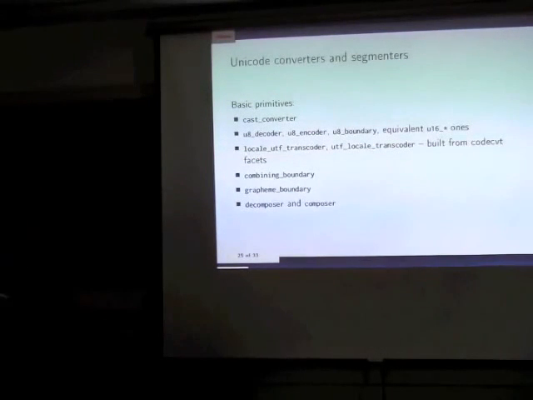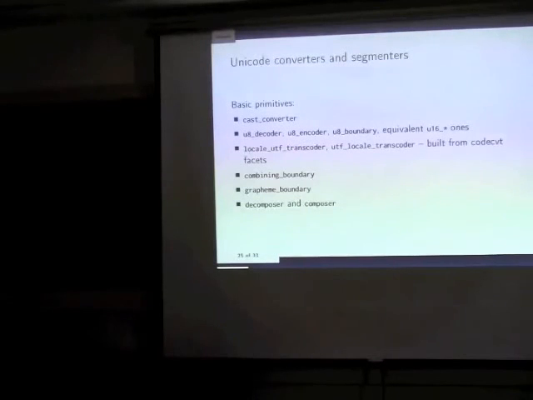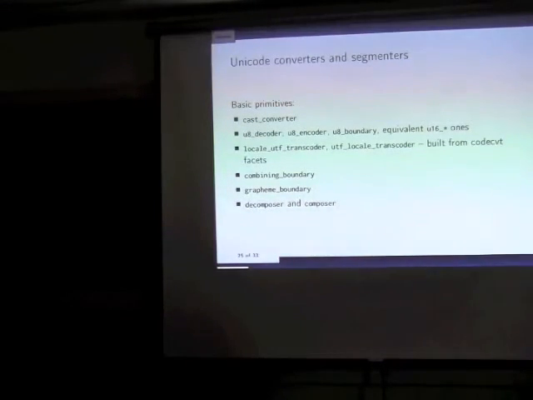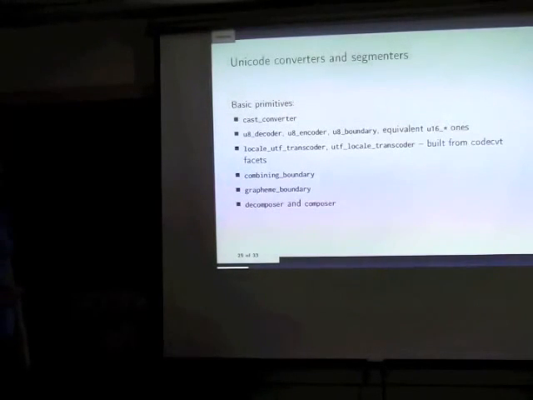So everything is defined in terms of these primitives. I've got a cast converter that just casts the output to a different type. There are UTF-8 decoder and encoder, the same thing for UTF-16, and the boundary checker for UTF-8. You've got the locale UTF transcoder, which is built from the code conversion facets.